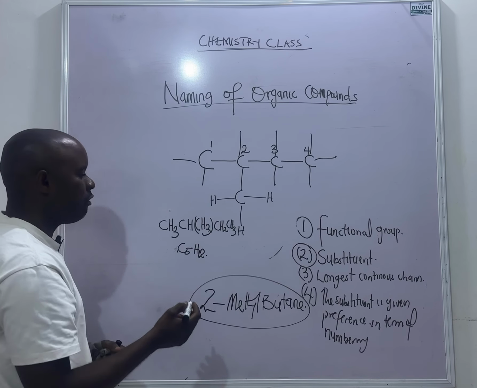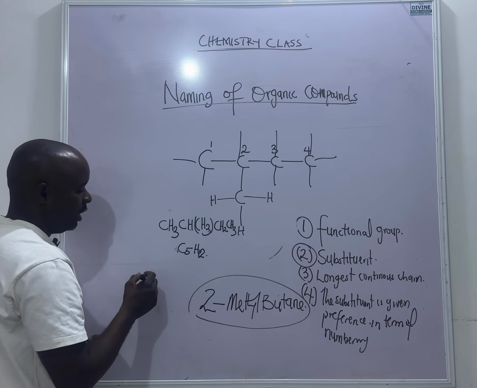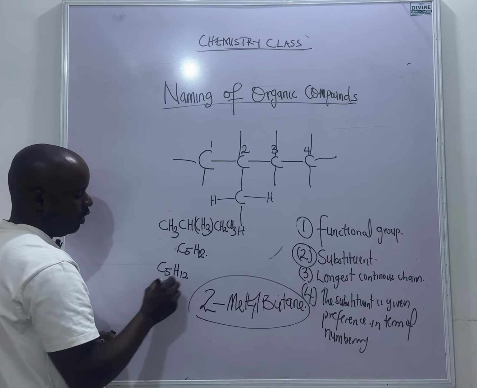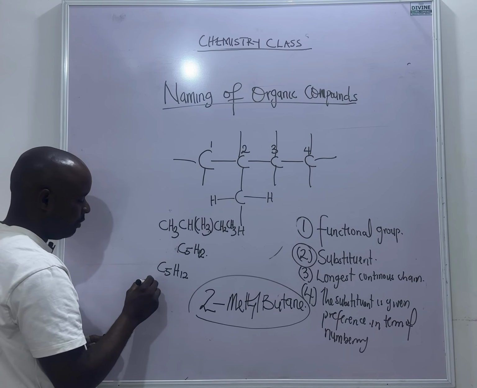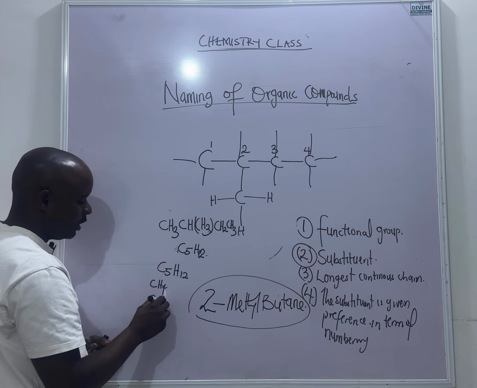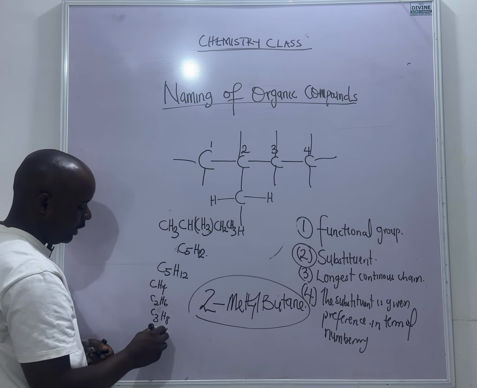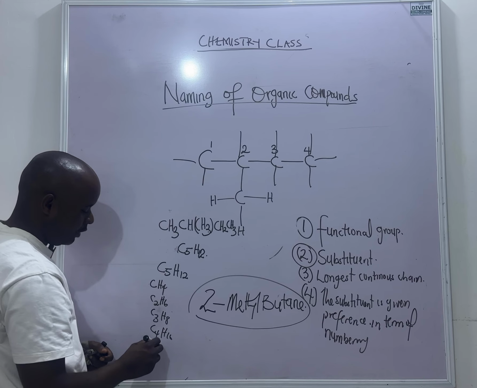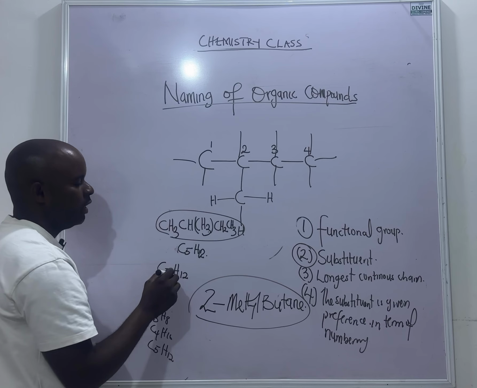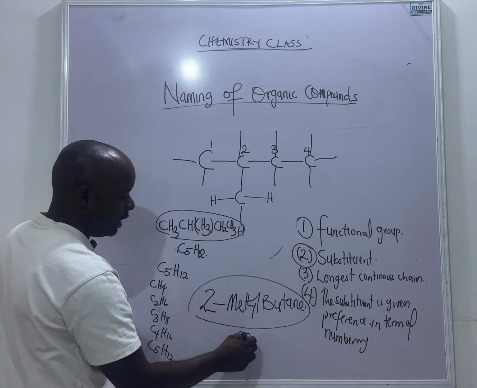So what is the molecular formula for pentane? We can say it is C5H12. For alkane, the first member is CH4. In the homologous series, we have C2H6, C3H8, C4H10, C5H12. So we can say this compound is an isomer of pentane.